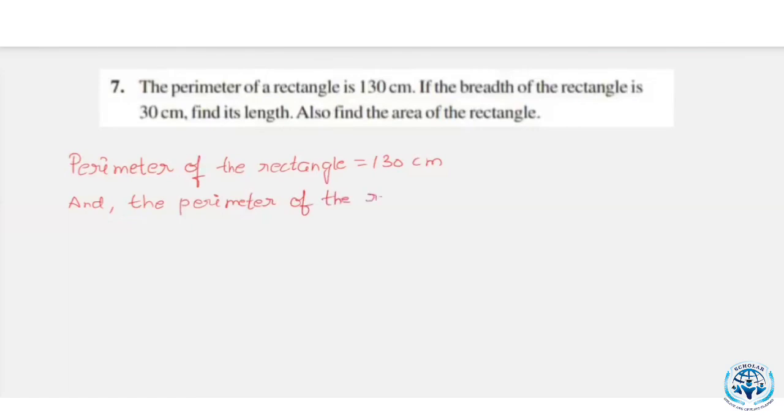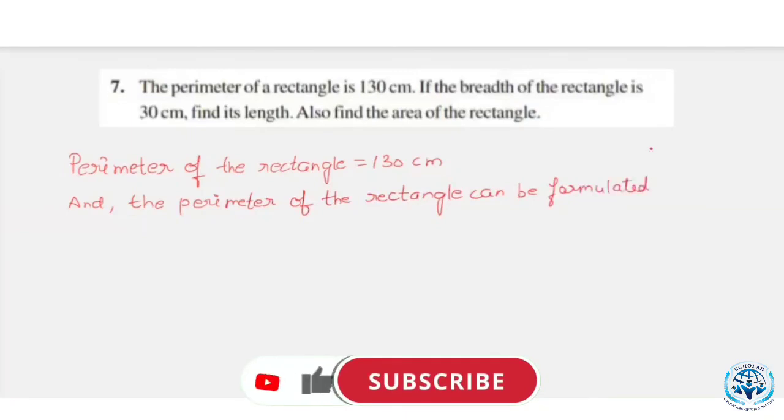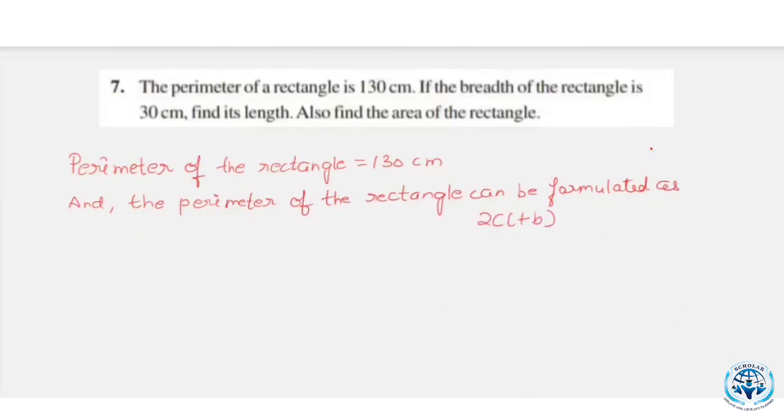The formula of the perimeter of the rectangle is 2 into (length plus breadth). Breadth is given, perimeter is given. We can easily put these figures in the formula and find out its length.